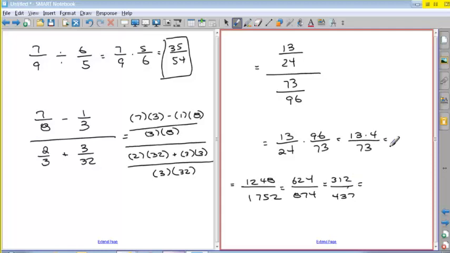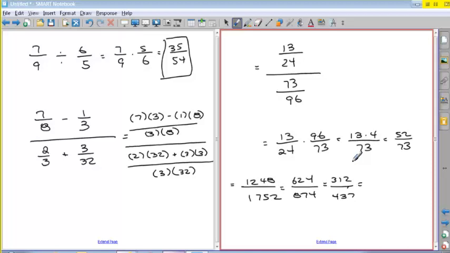So we can reduce this further. 13 times 4 is 52, so we get 52 over 73. So what is that number? 312 divided by 52 is, nope, 312 divided by 52 is 6.